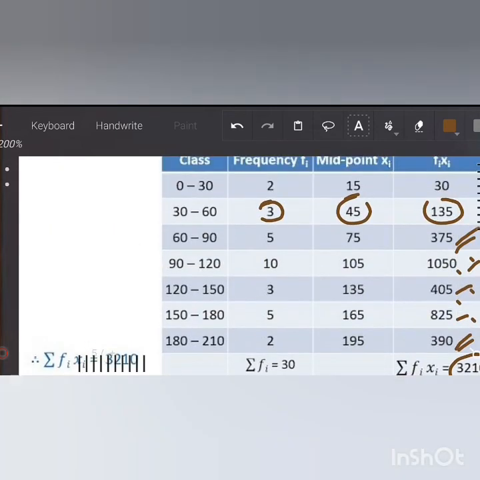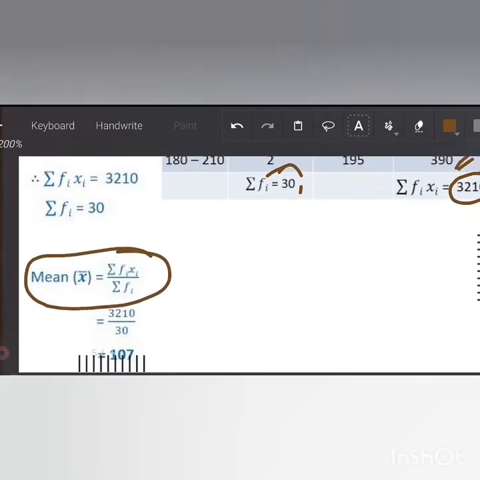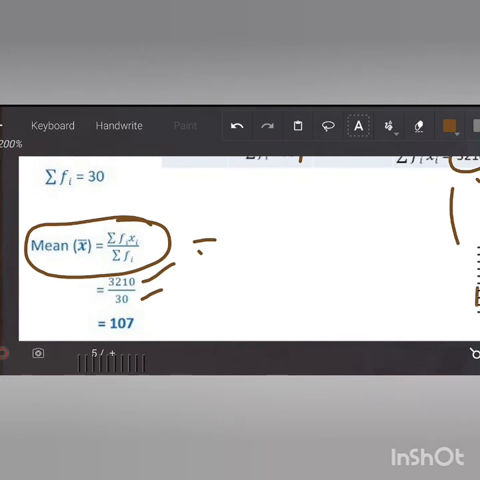When we add up all the frequencies here, we got 30. So sigma fi xi is 3210 here, and sigma fi is 30. After cancellation, we got the result as 107. This is the final result, that is nothing but the mean of the given data.